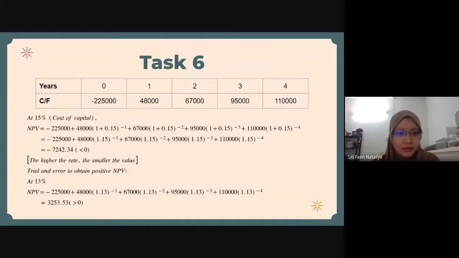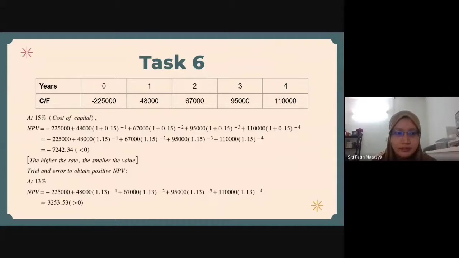To solve an IRR question, we need to use the trial and error method to find at what rate the NPV is positive and negative.